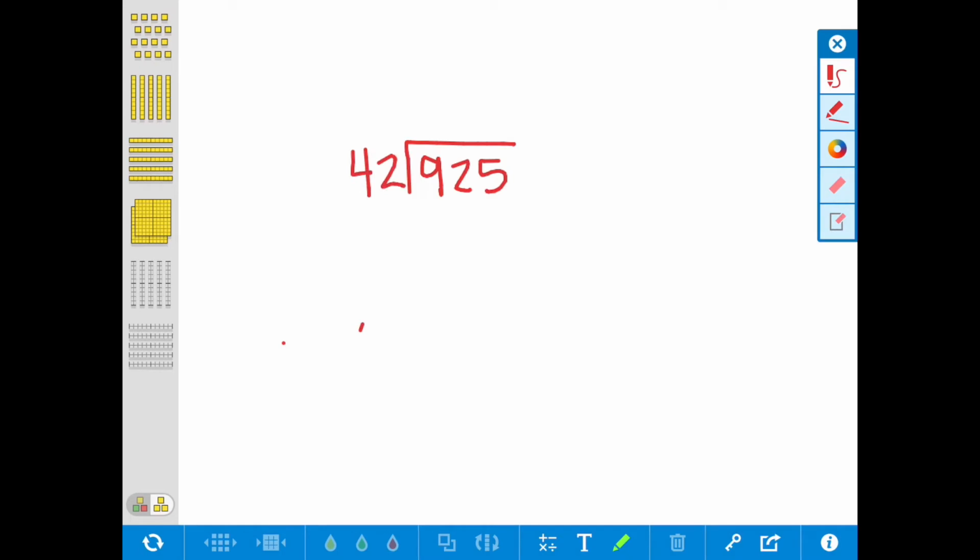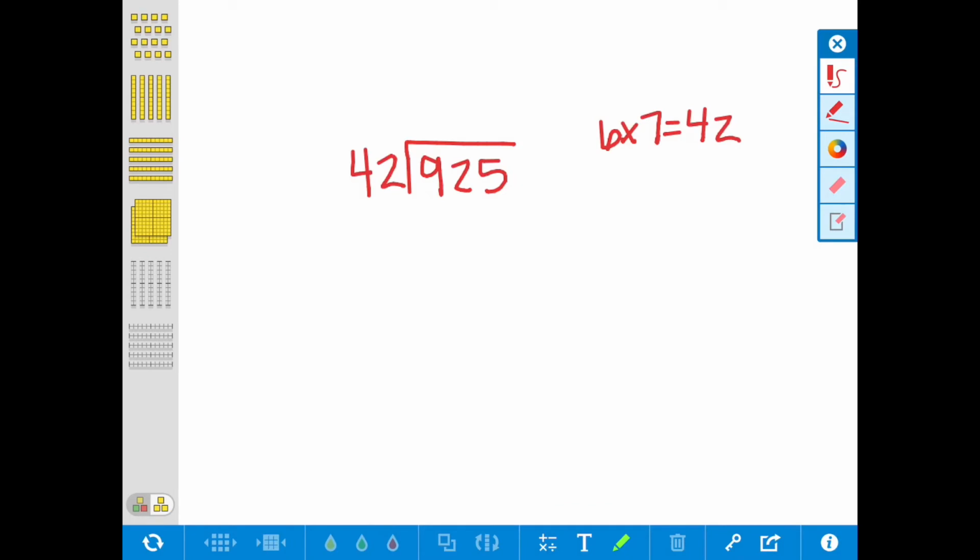That 42 might be a little bit trickier. What times what equals 42? You're allowed to use a multiplication chart, remember, if it helps you with division. So 6 times 7 equals 42.